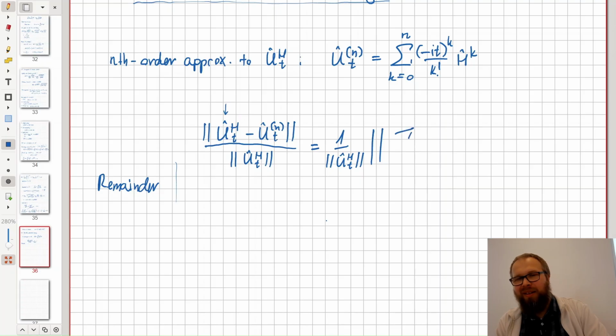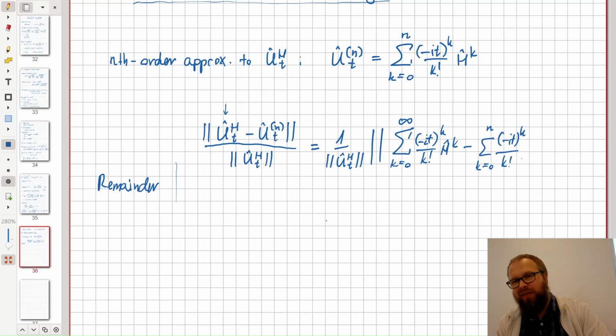On one hand, we have our series from k equals 0 to infinity of (-it)^k over k factorial H^k, and we subtract from it a partial sum from 0 to n.